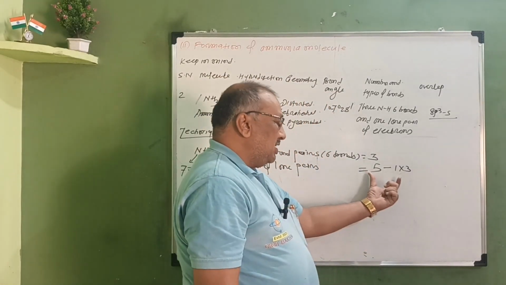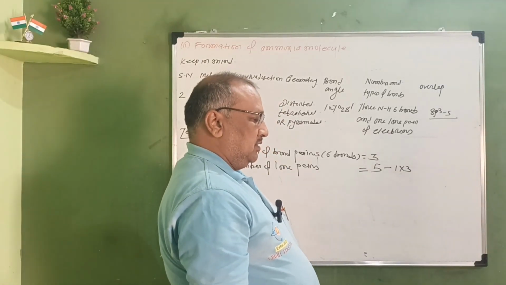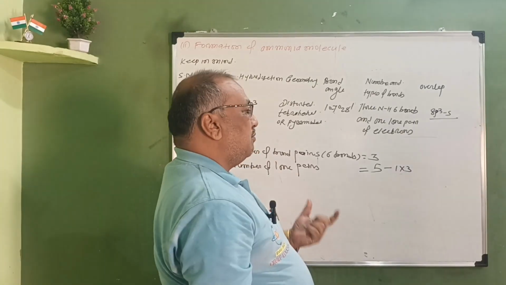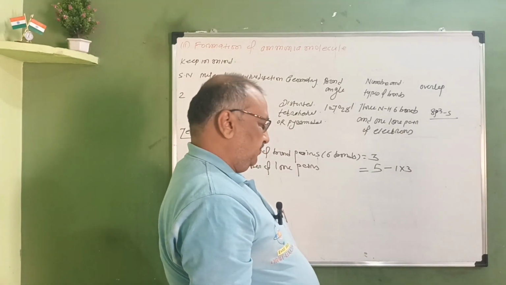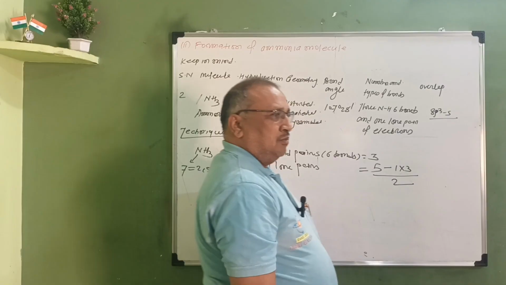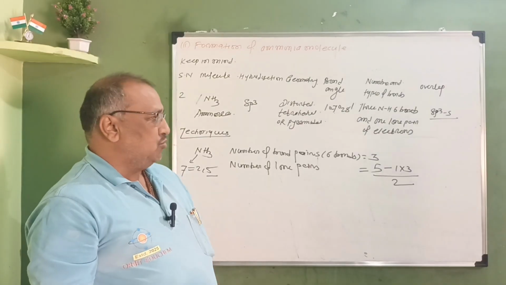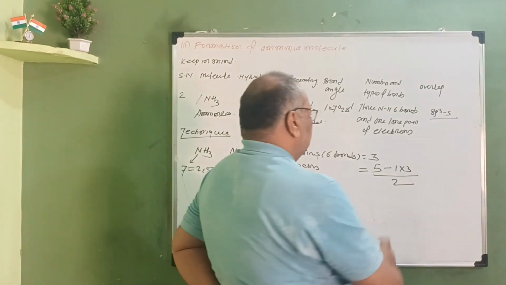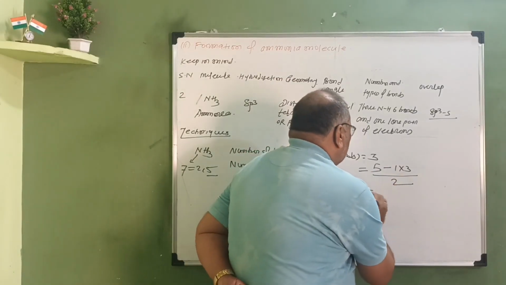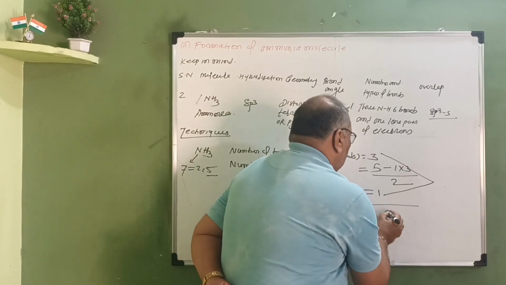Now here you will get the number of electrons remaining on the nitrogen atom. Convert this into the form of lone pairs. For this purpose, divide this term by 2, because one lone pair consists of 2 electrons. That means here 5 minus 3 equal to 2. 2 by 2 means 1. This 3 plus 1 equals 4.